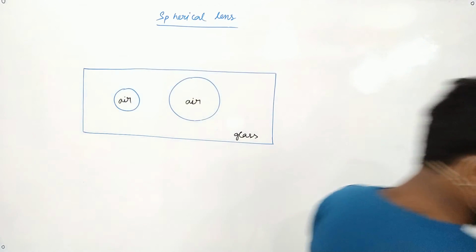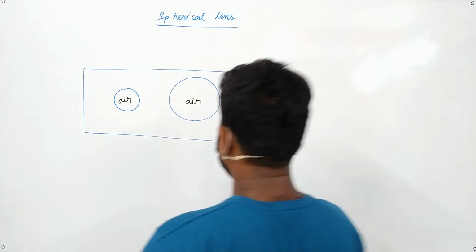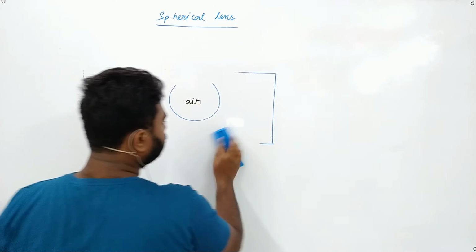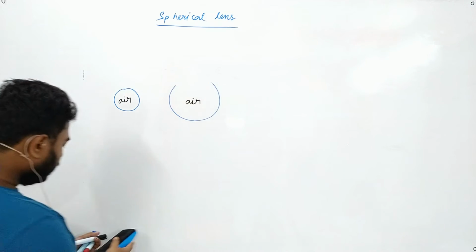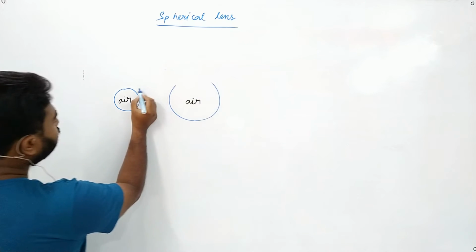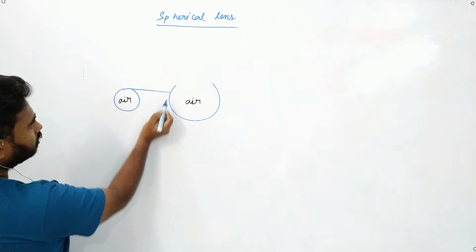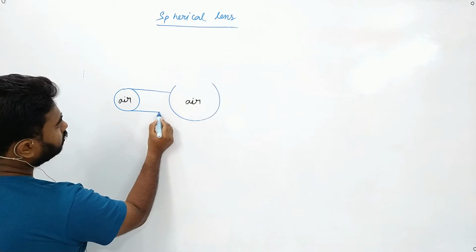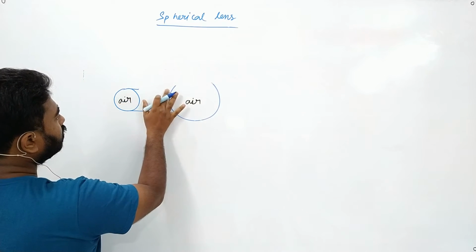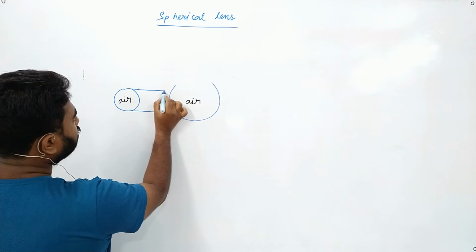What I am doing is removing this portion, so it will remain as glass, and I am keeping only this much portion and removing the rest.